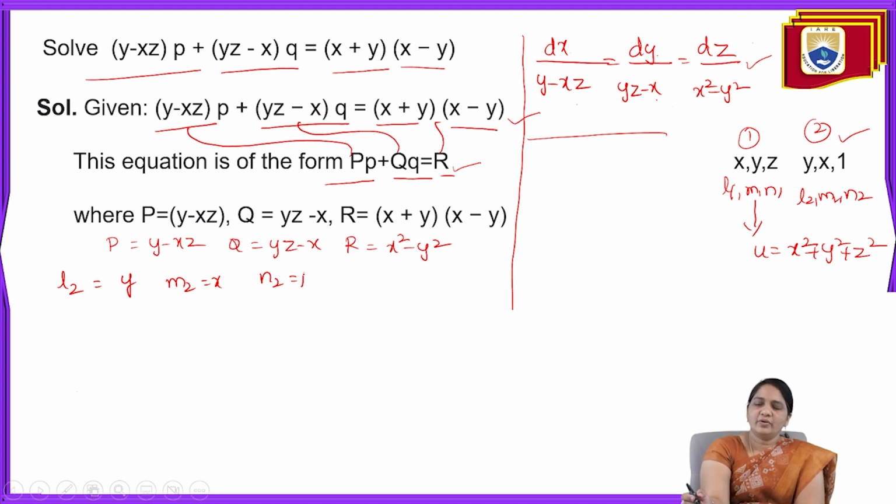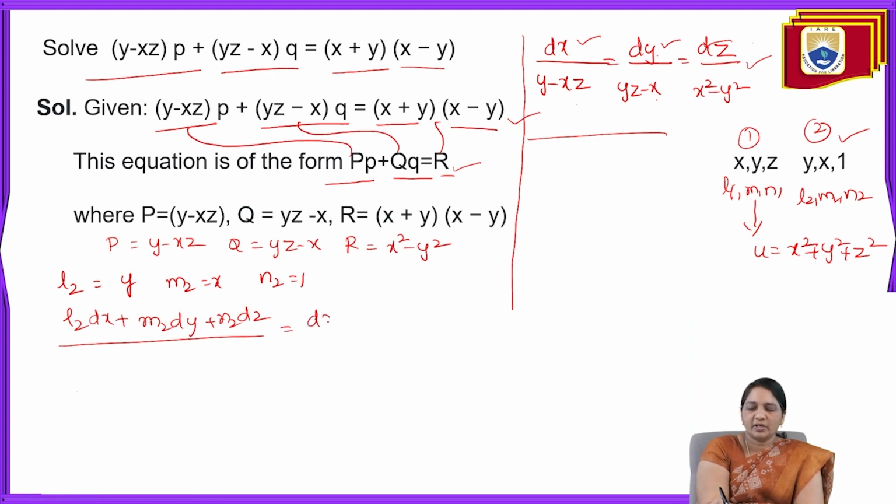According to that, first I am multiplying the numerators: l2 dx plus m2 dy plus n2 dz by the denominator values. So this is equal to, you can write, dx by y minus xz.